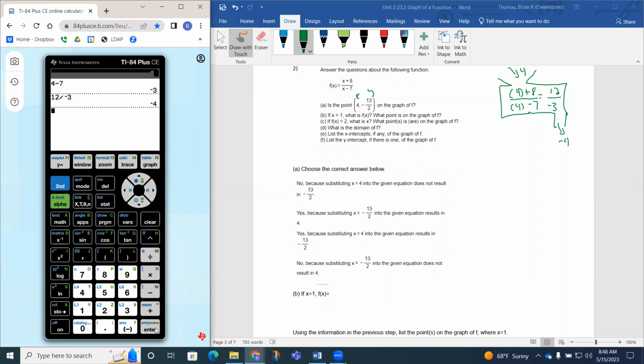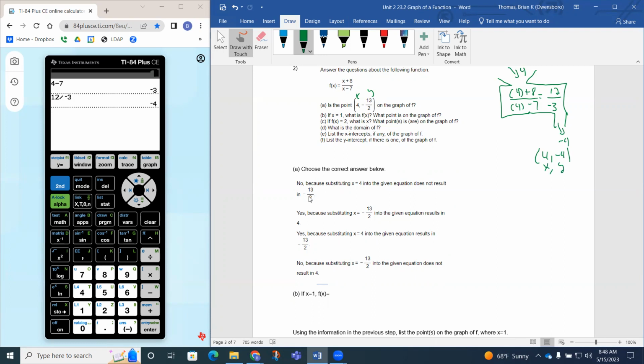So is the point (4, -13/2) on the graph? Well, remember, the input and output represent the ordered pair. So (4, -4) would be the ordered pair. So if 4 goes in, the y value that should come out should be a -4, not this -13/2.